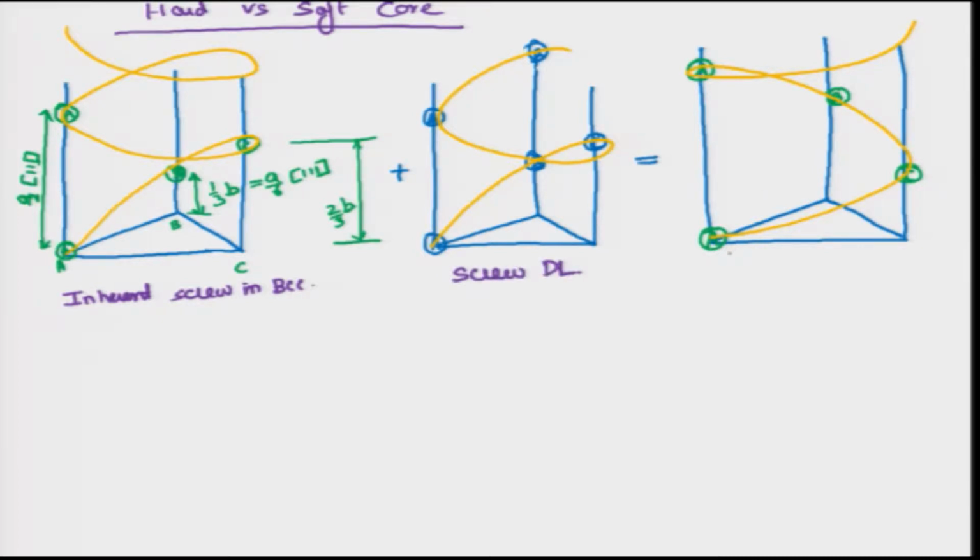What is more important here is that the relative positions of A, B, C remain the same, meaning A and B layers are still 1 by 3 b apart, and A and C are still 1 by 3 b apart. So, the relative positions of A, B, C remain the same. What does that mean? It implies that the energy of this core would be lower and therefore, this can be termed a soft core.